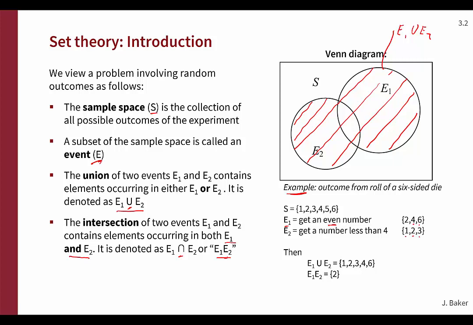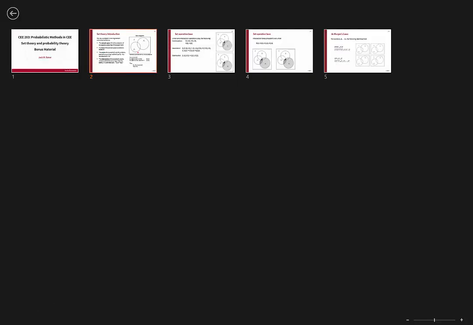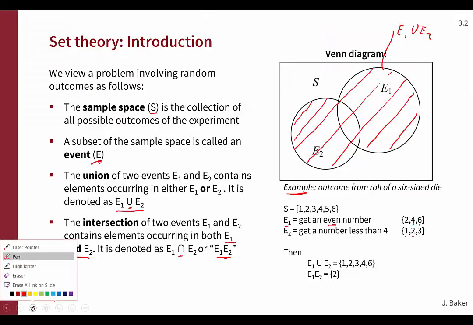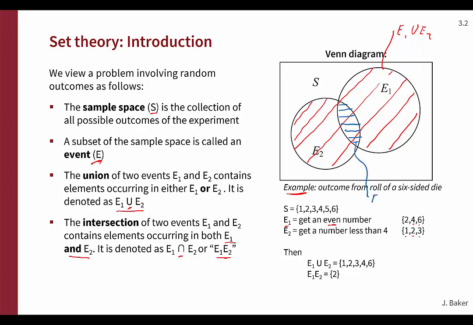So it's not the collection of all possible outcomes, it's only the outcomes that are in both. In our Venn diagram, we can denote that in some alternate color, and this would be just the overlapping region between E1 and E2. So that would be the intersection of E1 and E2.